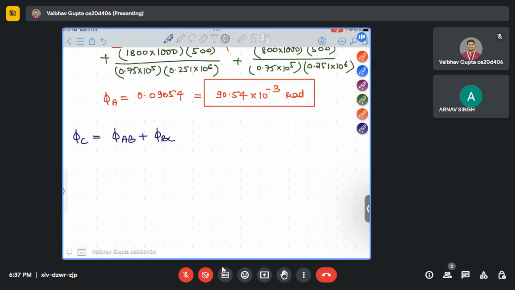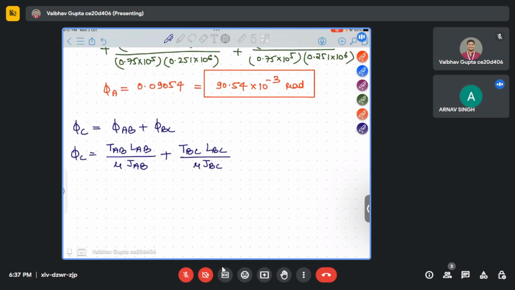So now phi AB is nothing but TAB LAB by mu into JAB, plus phi BC will be equal to TBC LBC by mu into JBC. Understood this? TAB and TBC we have calculated earlier.